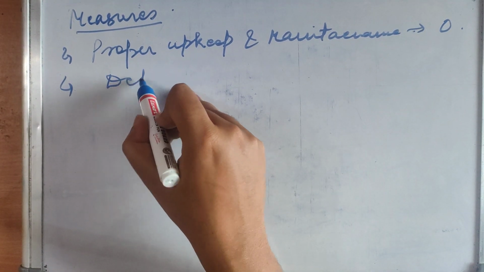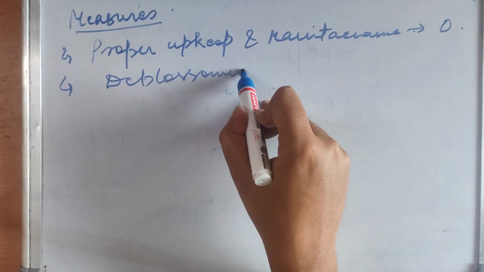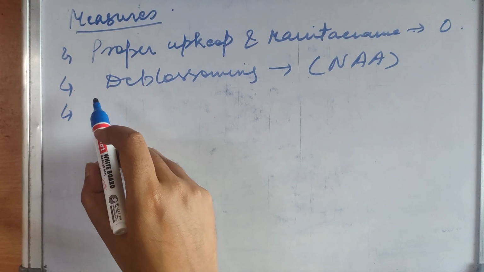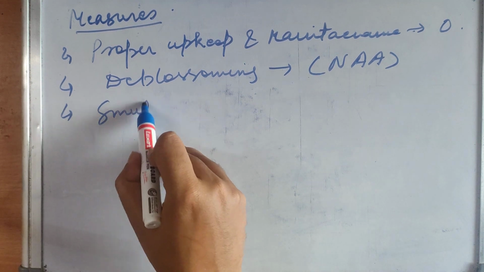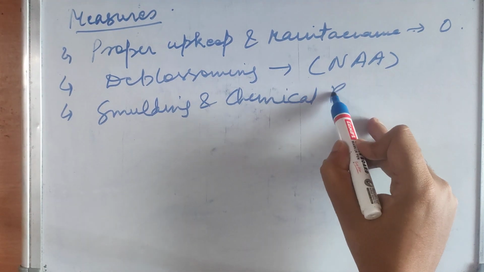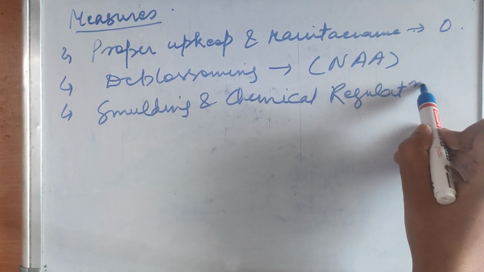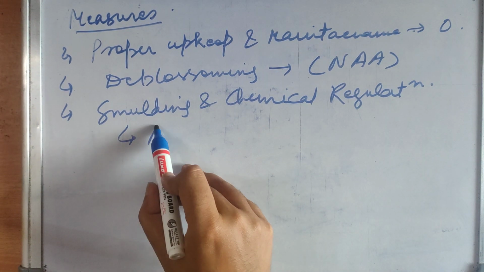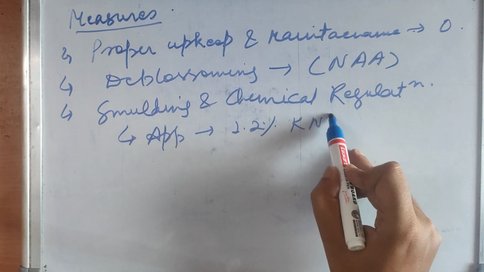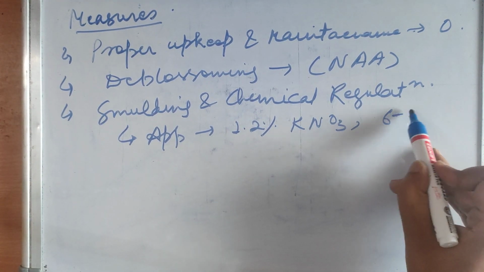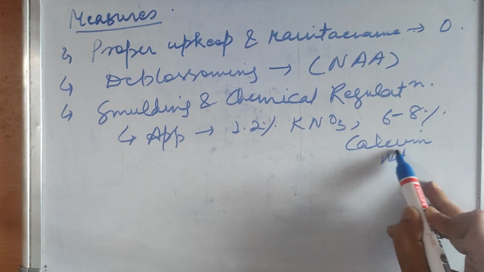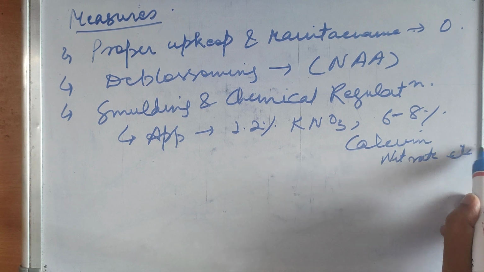We will do de-blossoming in one year using NAA, smudging and chemical regulations. For example, we can apply 1 to 2% KNO3, or you can also apply 6 to 8% calcium nitrate, or there are other chemicals also, etc.